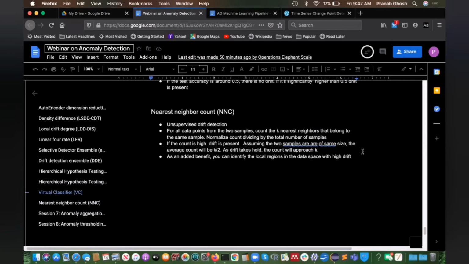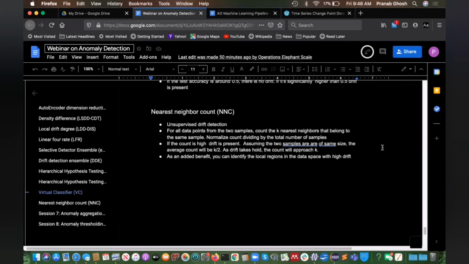Nearest neighbor count. This also can be used like a local drift detector. You can do it over all the points in your data space or over some selected set of points. So you have two samples. You find the k nearest neighbors for a data point, and out of those k, you count how many neighbors are from the same sample.